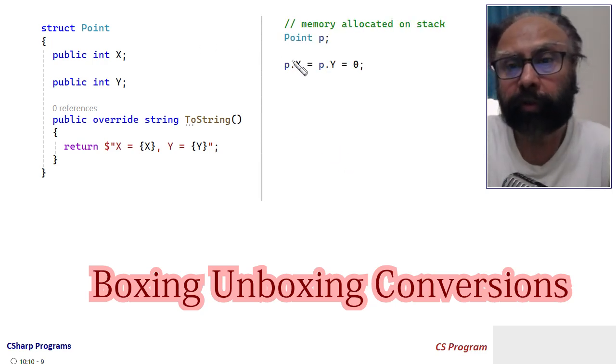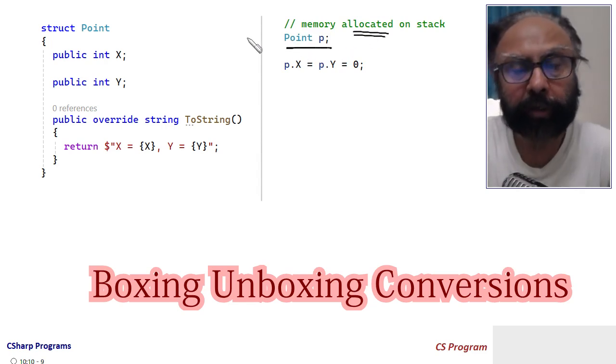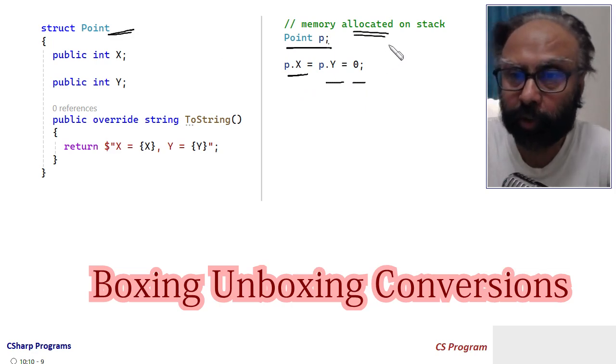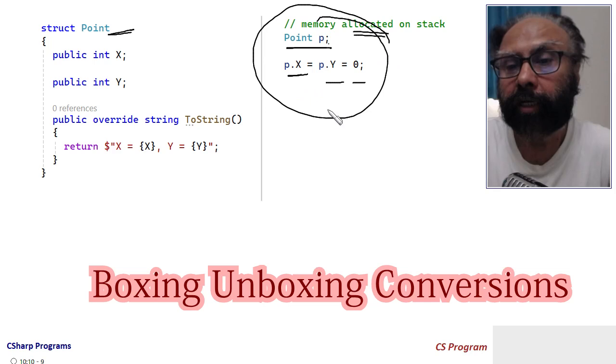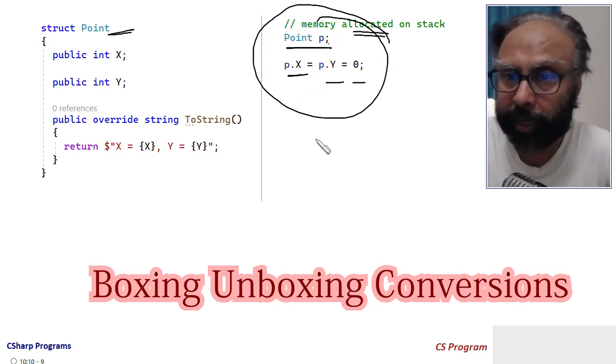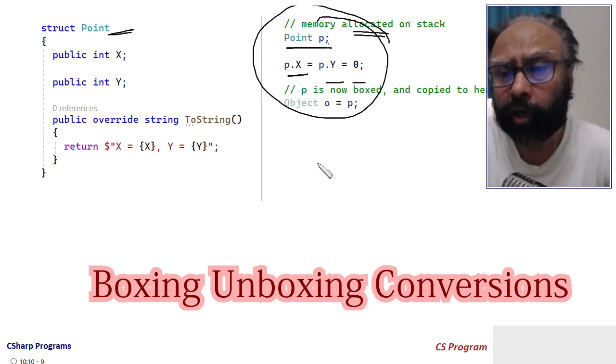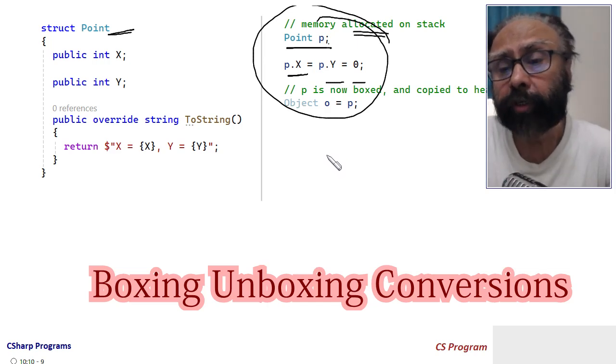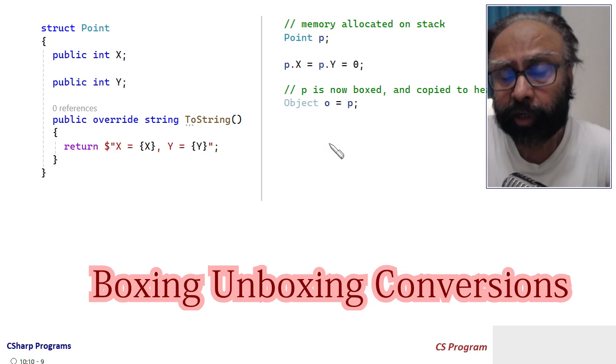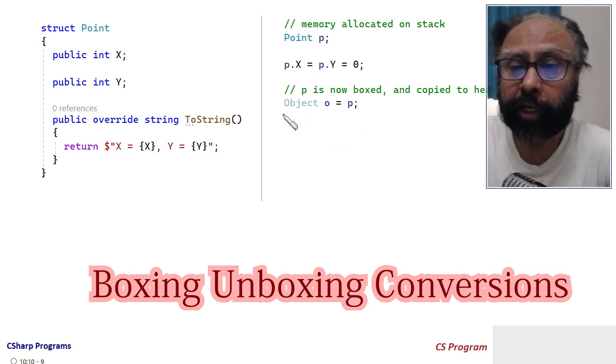Now suppose we allocate a memory for this point p. This memory is allocated on the stack, and we have set x and y both equal to 0. So this point p resides on the stack. We have already told this, and now let us suppose our project requires that we obtain a reference to this point p.